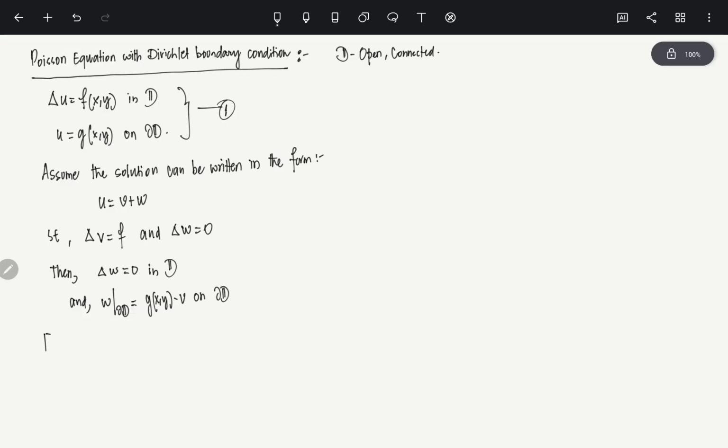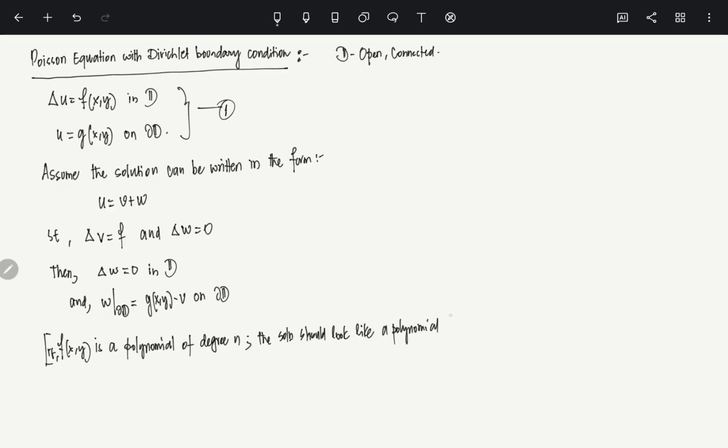If f of x,y is a polynomial in x and y of degree n, we are basically looking for a solution, so the solution should look like a polynomial of degree n plus 2, right?